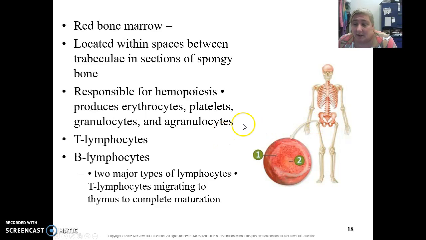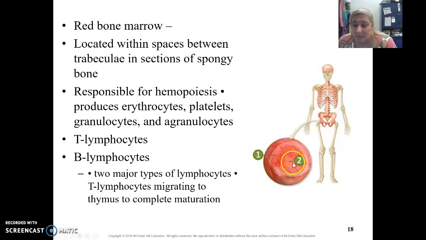But as children, we have spongy bone with red bone marrow located at both the proximal and distal ends of our bones, as well as red bone marrow even in our marrow cavities.